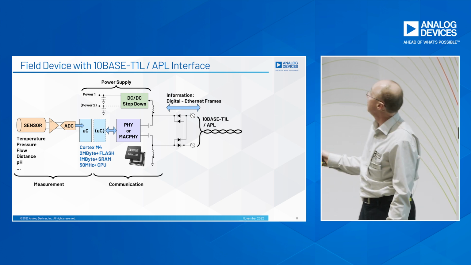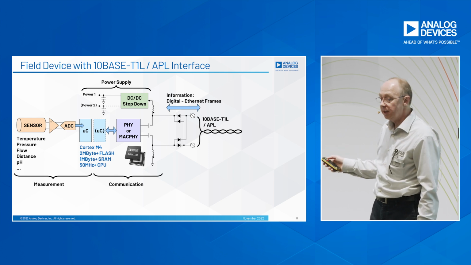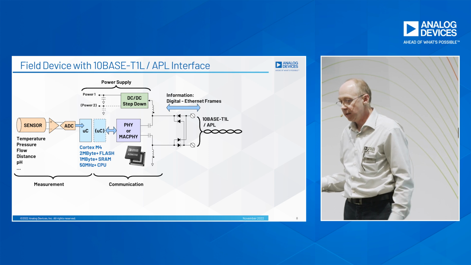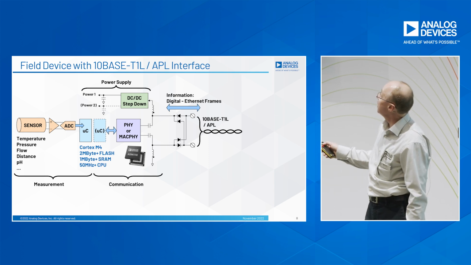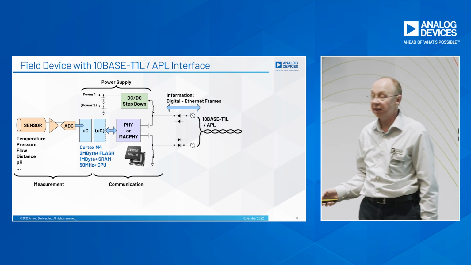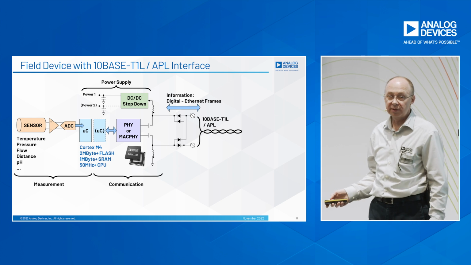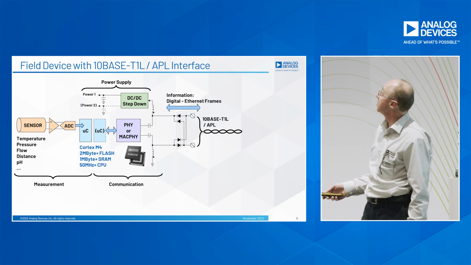And then power coupling, there are some power coupling inductors that couple and decouple the power and data. So data is AC coupled to the communication, and power is DC coupled through an inductor. So, the front end can look very similar to what we see today at 4 to 20 milliamps.